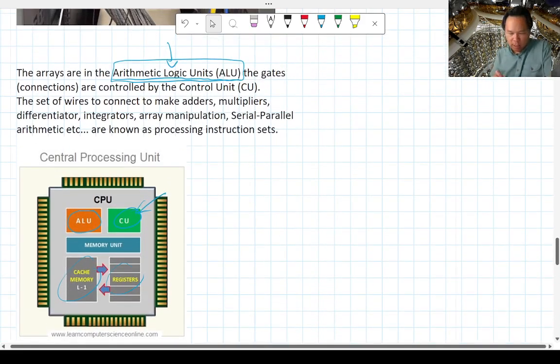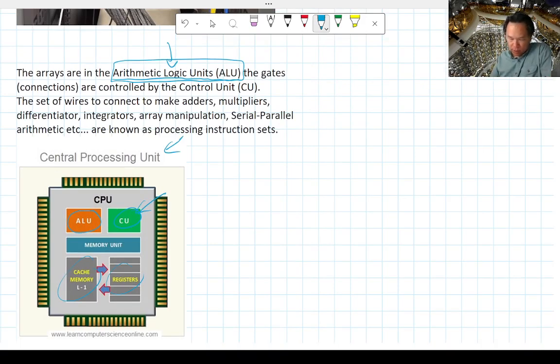So inside, for example, a CPU, a central processing unit, is actually not just the arithmetic part, the FPGA part, but also the control unit. The control unit basically is a bank of instructions that tells you, oh, I want to add these two numbers together.